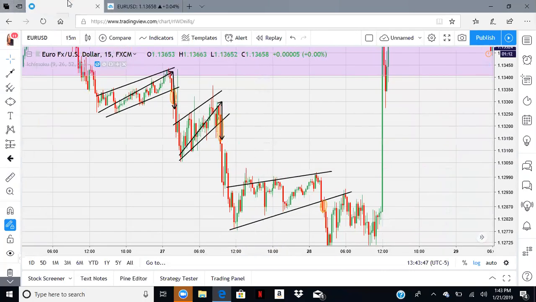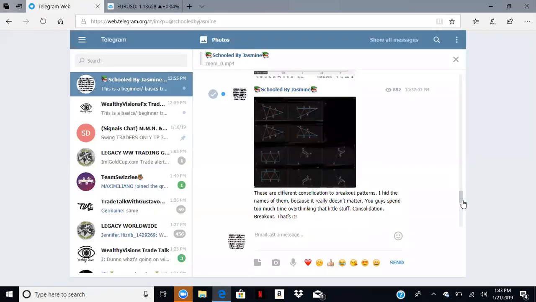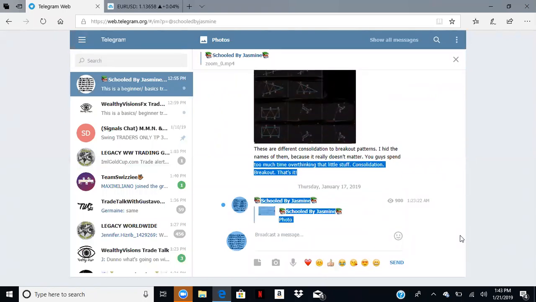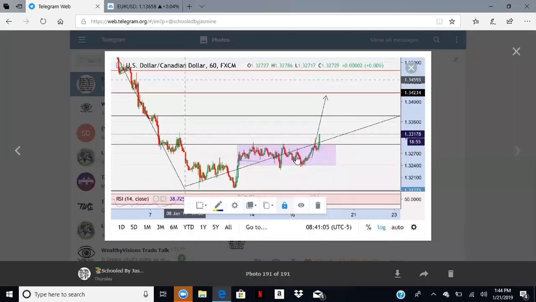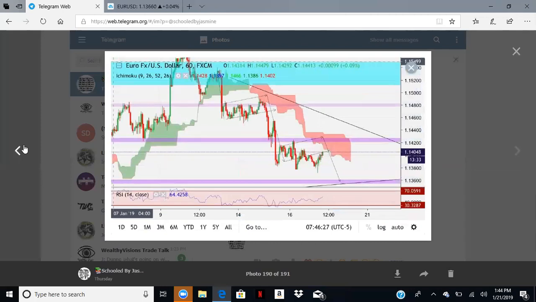So guys, when I post my charts, I trap price for you, so you already know what I'm expecting. For instance here, I trapped price with this rectangle, right? And then it broke out up, so we buy. Over here, I trapped price, it broke out down, so we sell.